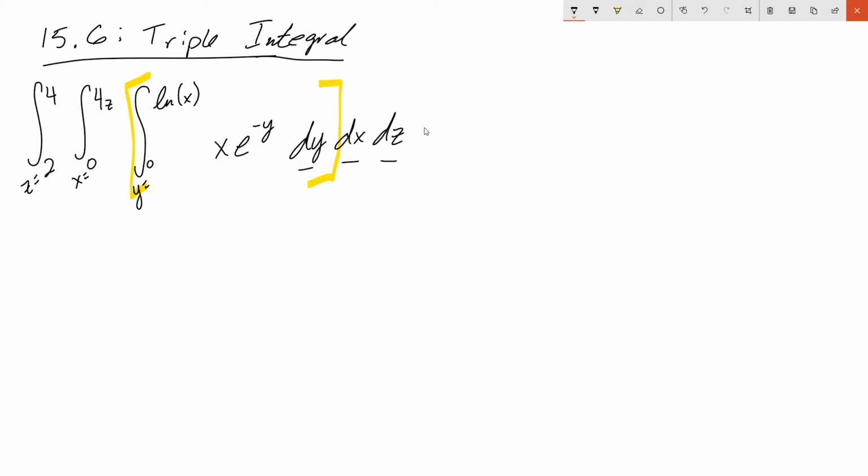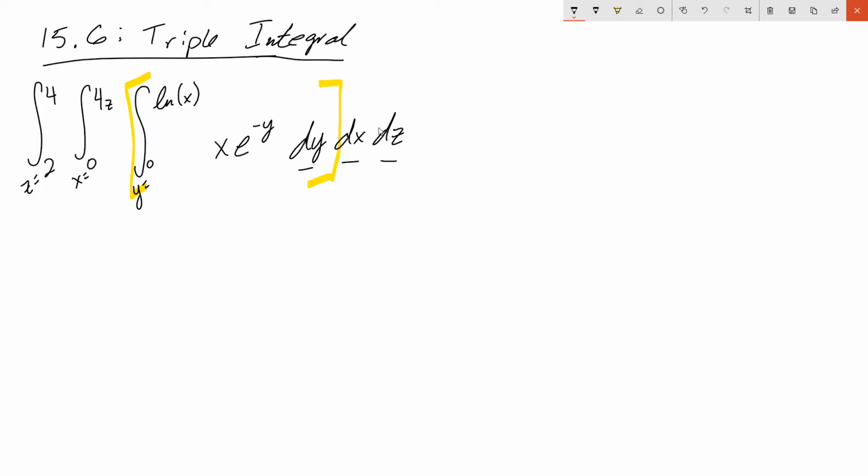And it's pretty obvious why we'd want to do that. First, we're going to be solving y in terms of x, we're going to solve x in terms of z, and then finally, once we've integrated in terms of z, we want to be able to get an actual numerical value at the end, which is what z equals 2, z equals 4 will accomplish.